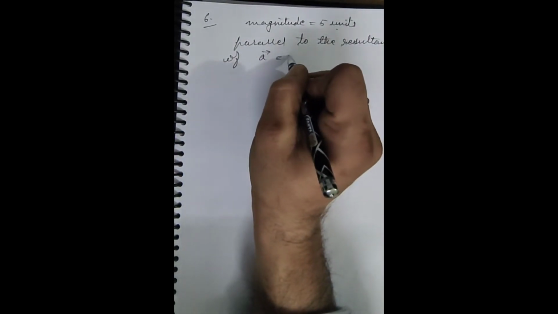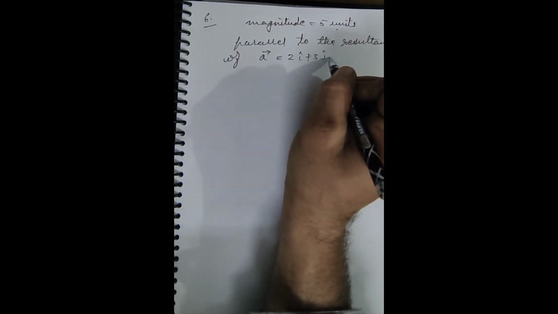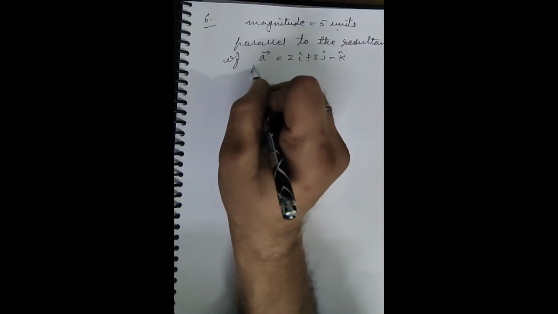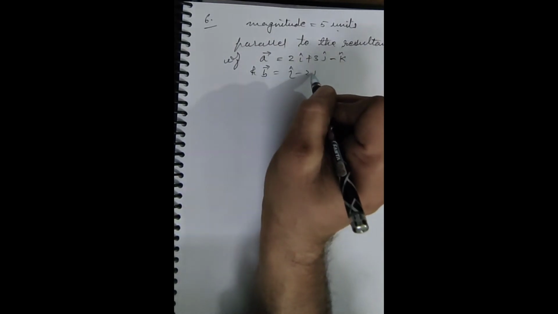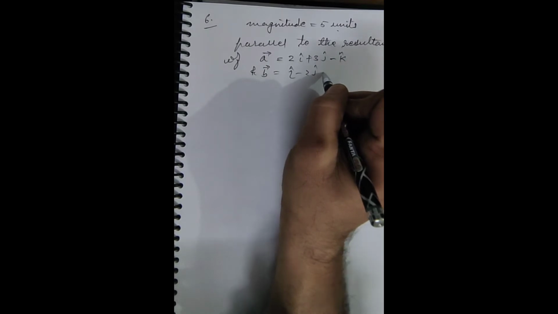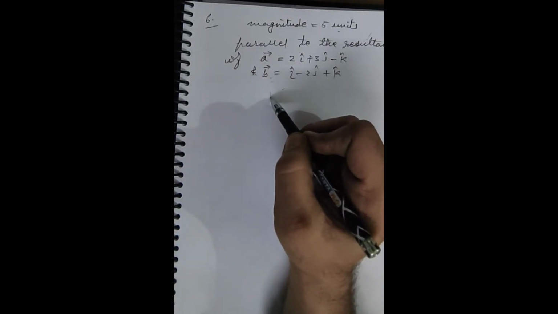A is equal to 2, 3, minus 1 and B is equal to i minus 2j plus k. Now resultant here means addition of these two, vector addition, which we apply in the triangle law of addition.